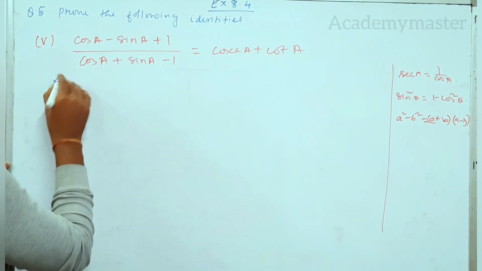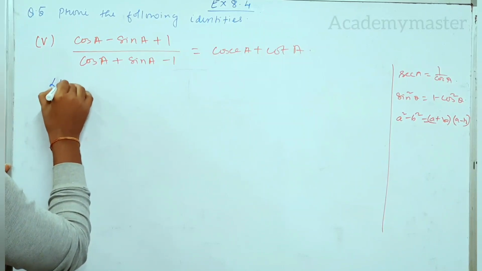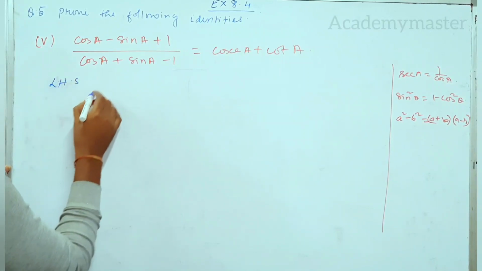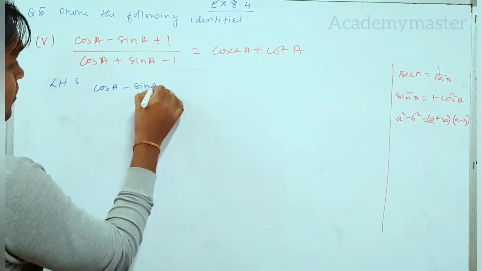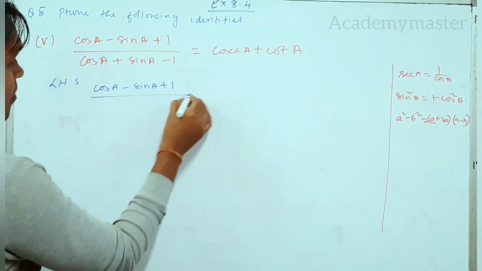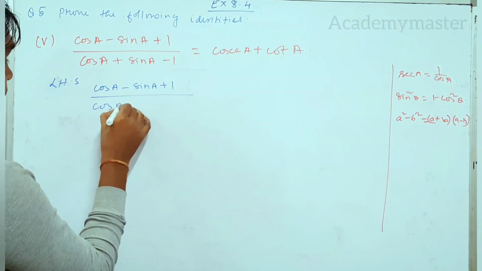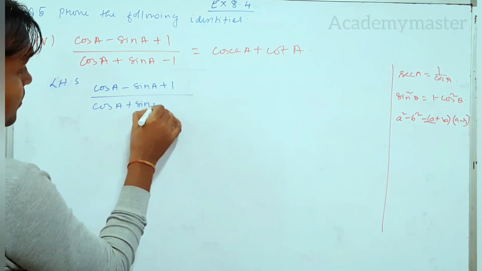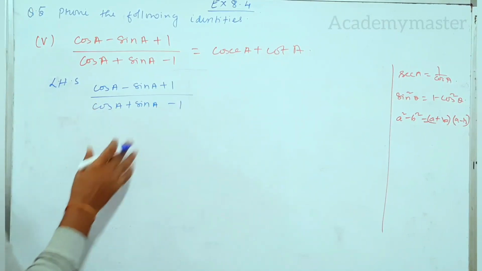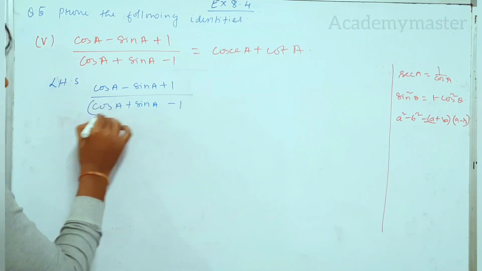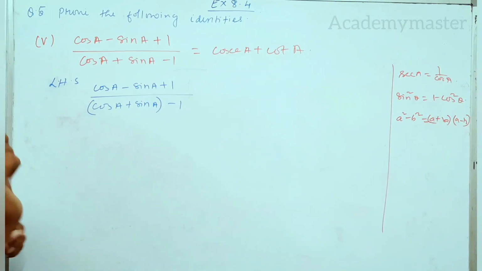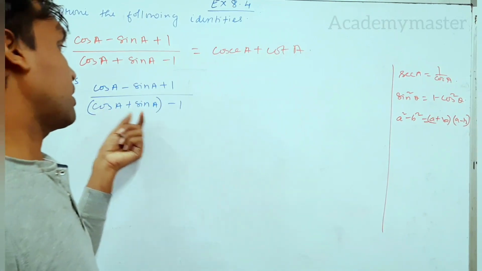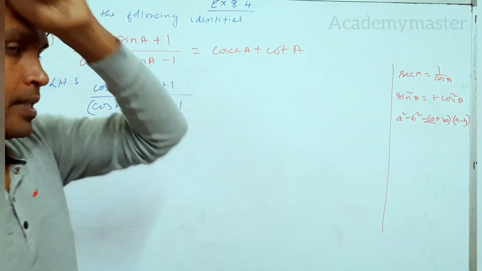first we will write LHS. Okay, LHS. So LHS we will write it cos A minus sin A plus 1, then cos A plus sin A minus 1. So what we are going to do here is, we are going to consider cos A plus sin A as one term, and this minus 1 as another term.